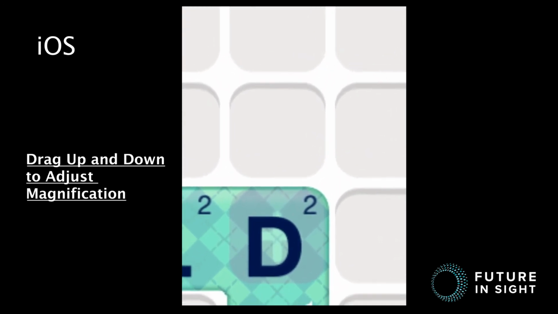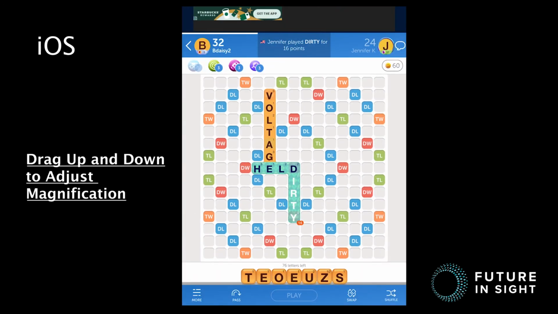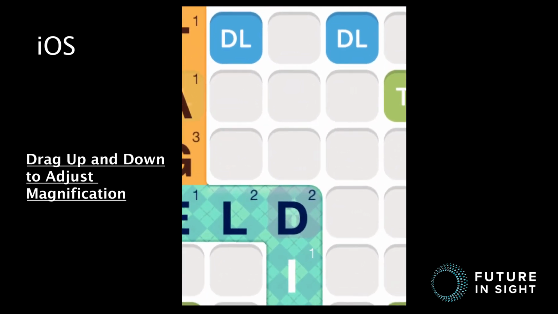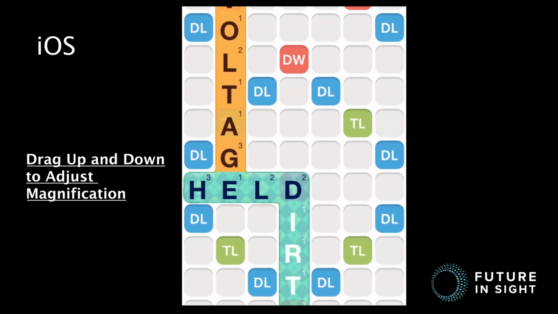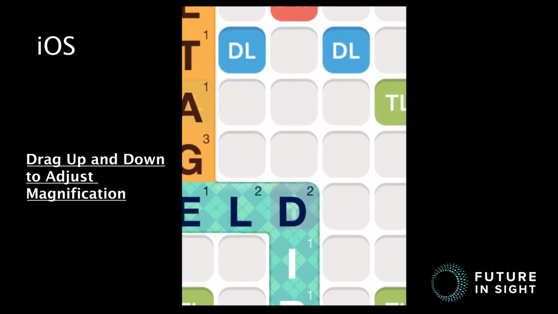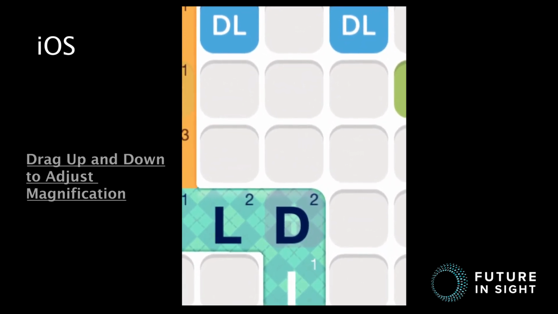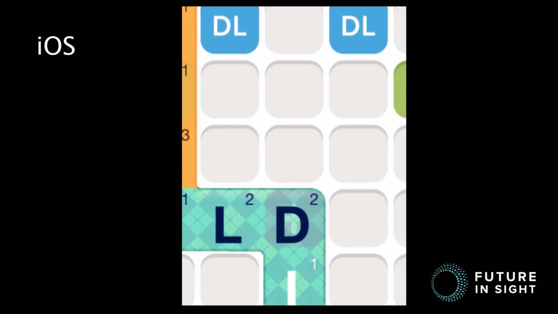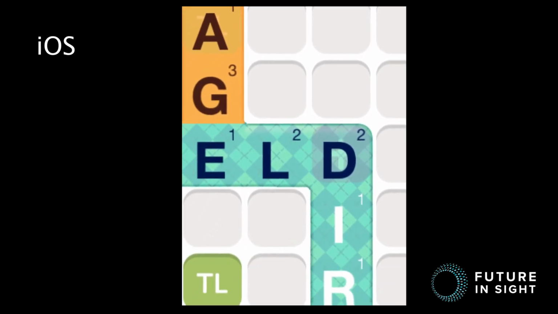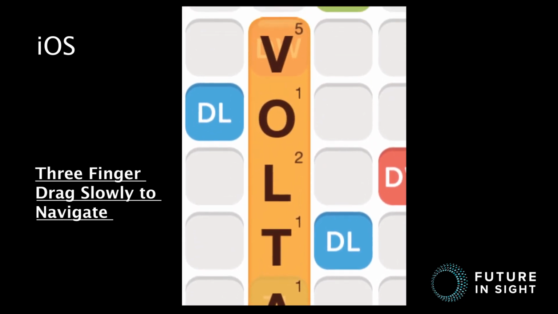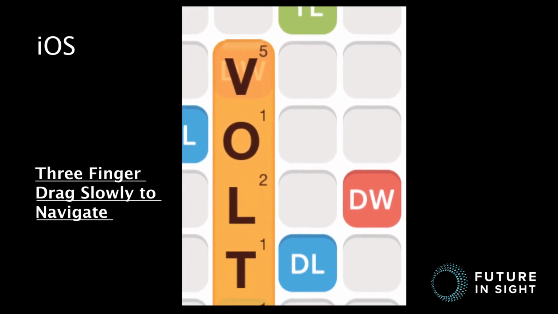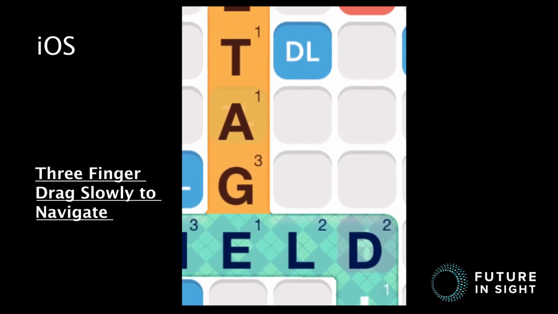If you drag your fingers down the screen, things zoom out. So simply dragging your fingers up and down the screen allows you to precisely adjust the level of magnification. Let's leave it there. Now I'll use my 3 fingers and I can look around the playing board to see my tiles and see where I want to make my next play.